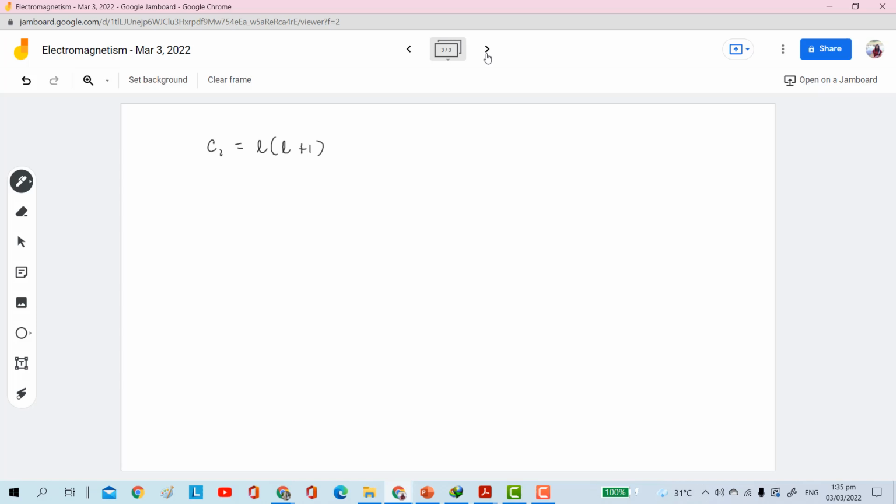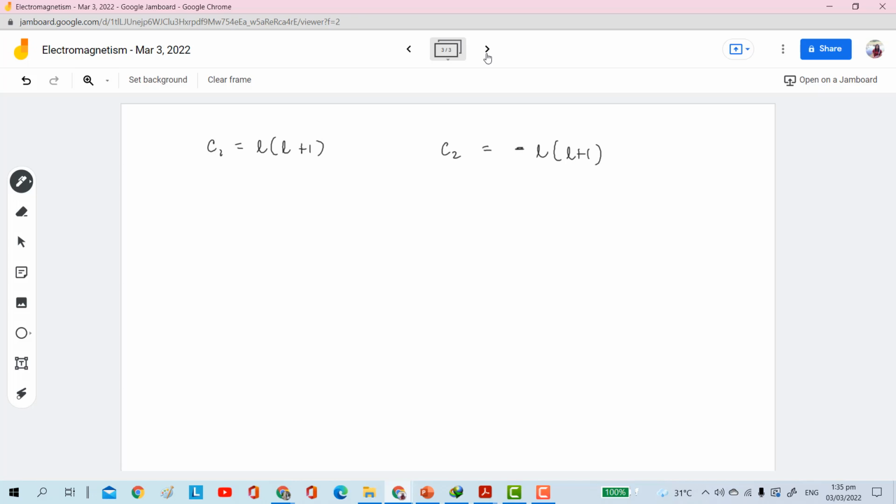And since C1 is equal to this one, then C2 is equal to minus L multiplied by L plus 1. Okay. So C1 plus C2 should be equal to 0.